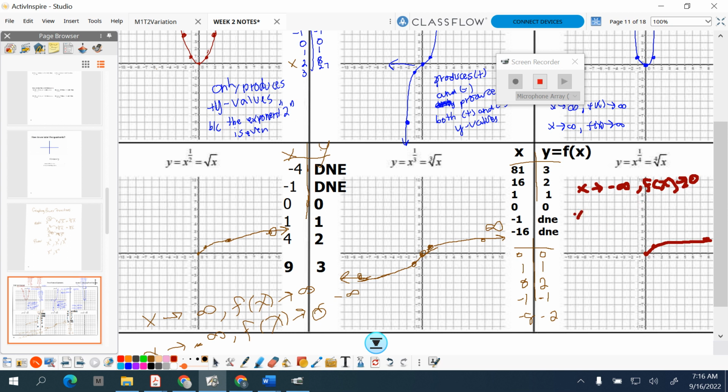As x goes to positive infinity, my y values go to positive infinity. They're going up very slowly. They're creeping up. I call these functions the creeper functions, because their ability to rise or fall makes it hard for them to increase or decrease.